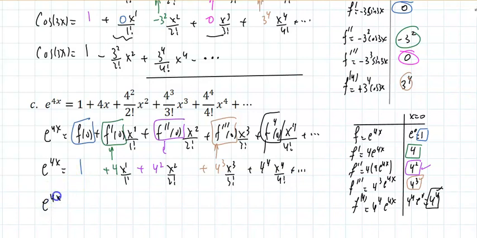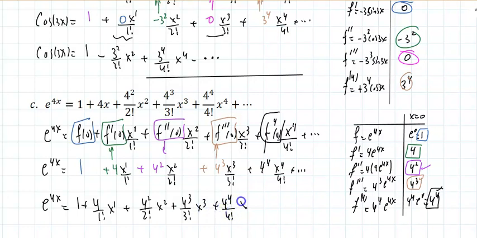So e to the 4x is really 1 plus 4 over 1 factorial x to the 1 plus 4 squared over 2 factorial x squared plus 4 cubed over 3 factorial x cubed plus 4 to the 4th over 4 factorial x to the 4th, and the list goes on, and that's really what this is. They like to see the number and x to the 1, the number and x squared, the number and x cubed, and that's how it works.